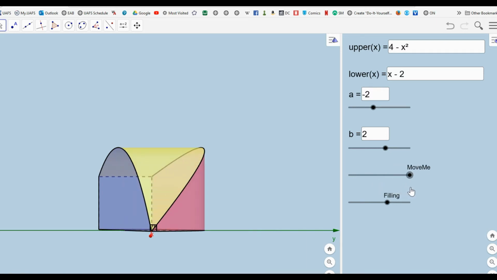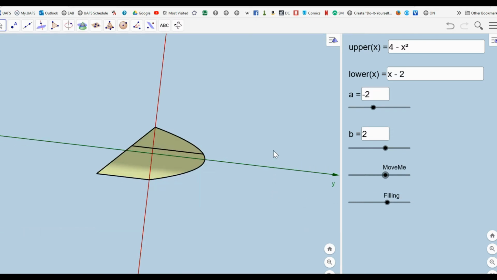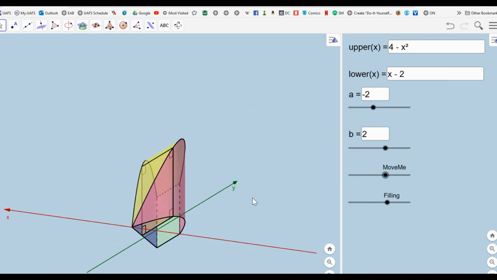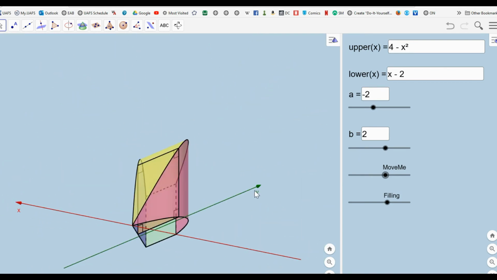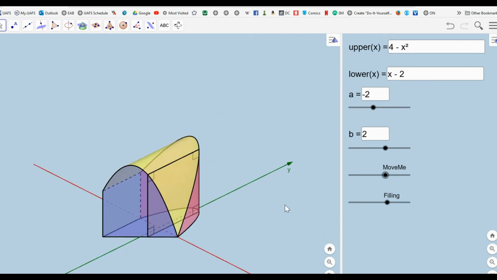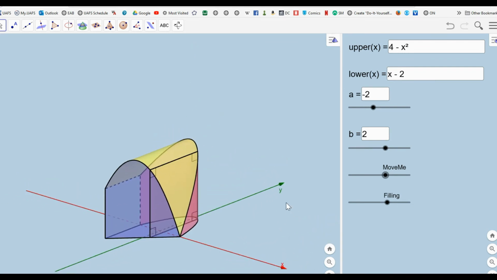Of course, they come down all the way to nothing there. If you look at the bottom, if we turn it the right way, there's the curve we were looking at. And there's the 3D version of it there.